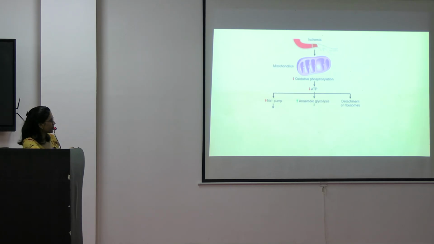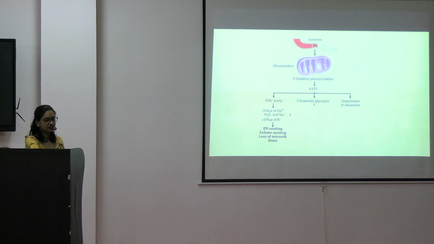Yeah, from the rough endoplasmic reticulum. So what happens if there is decreased functionality of the sodium pump? There will be increased influx of calcium, water and sodium ions. Remember it. So there will be entry of, what are the three things? It's just written here.